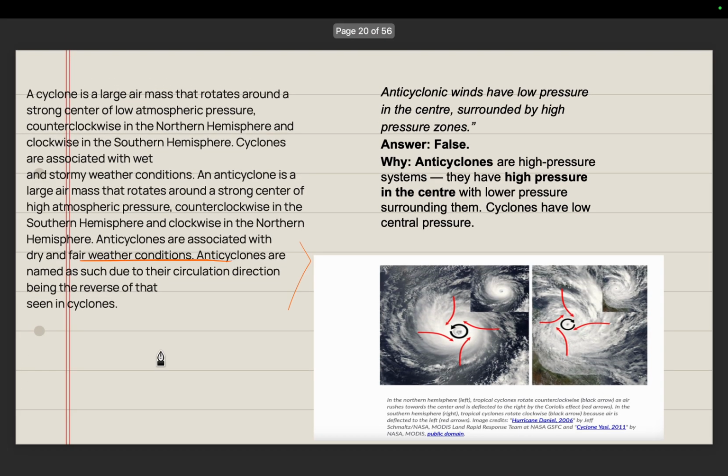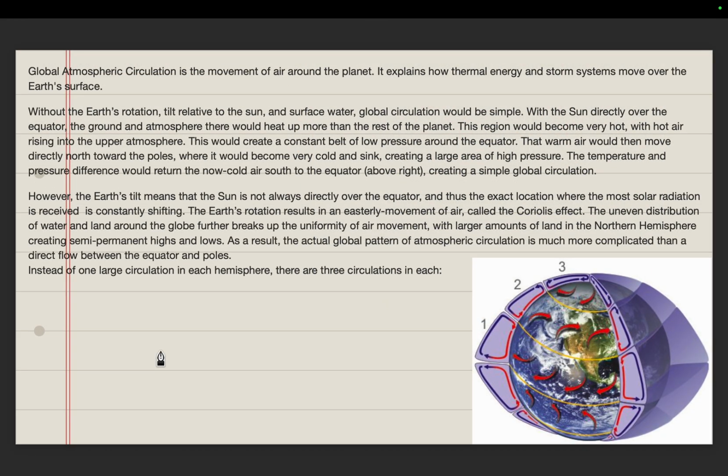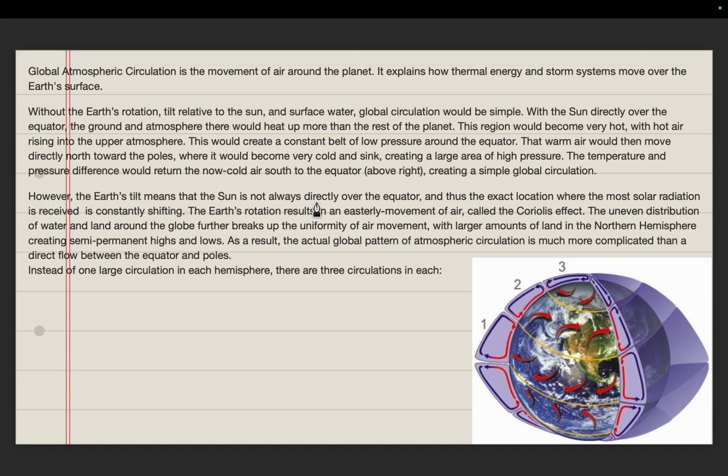Then in the next question, the week 7 content on the global atmospheric circulation model was discussed. Global atmospheric circulation is the movement of air within our planet. It explains how thermal energy and storm systems move over Earth's surface.